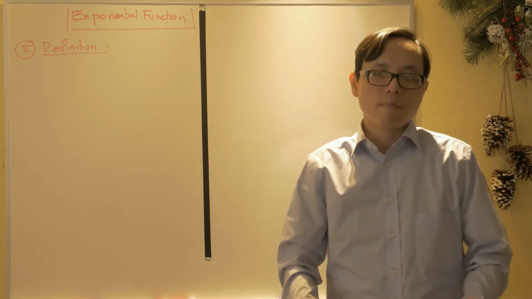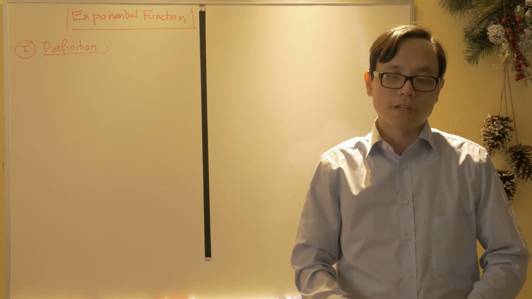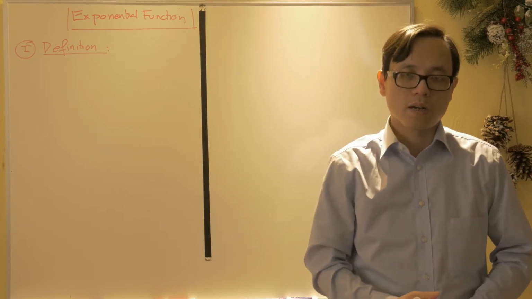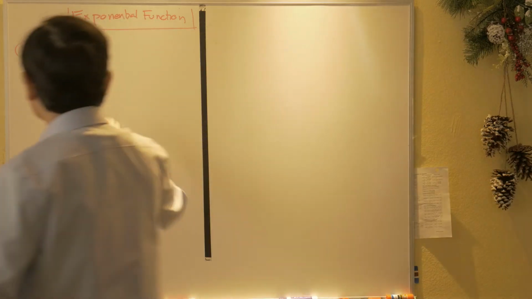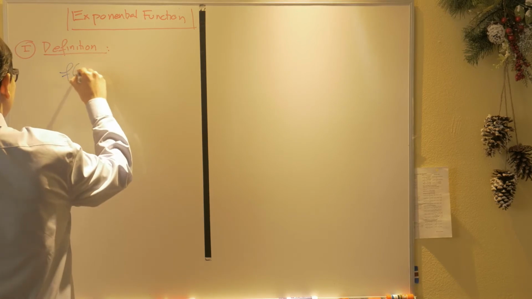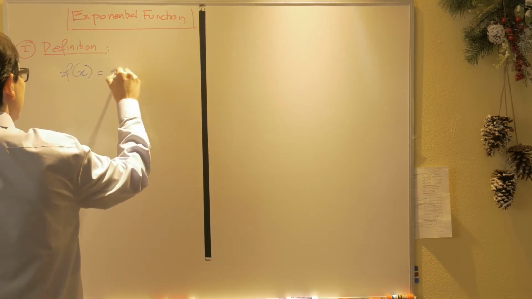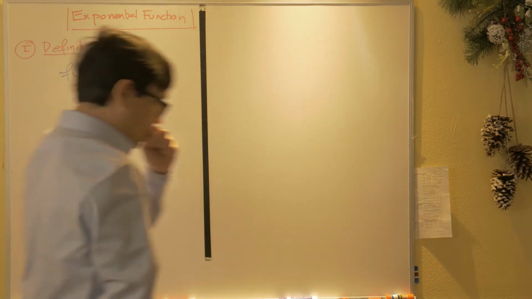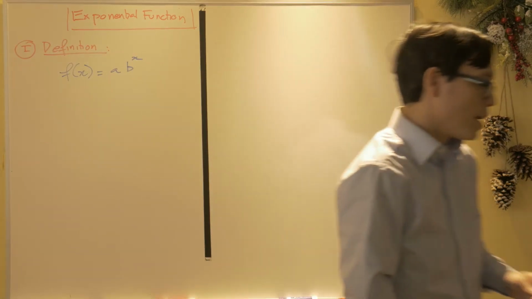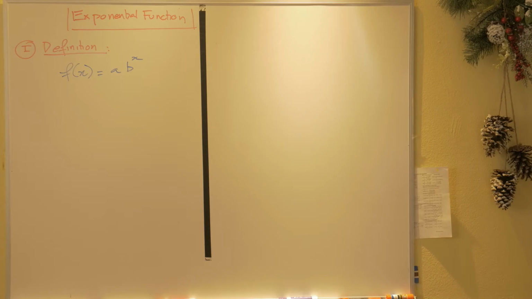It's one of the most important functions at the college algebra level, and it has the form f(x) equal to a b to the x. The a value here we call the initial value.